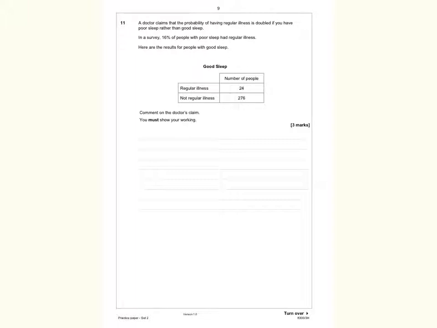So we have 276 add 24, and it's going to be 24 over 300. Then you can use a calculator. 24 divided by 300 equals 0.08, and that is 8%.